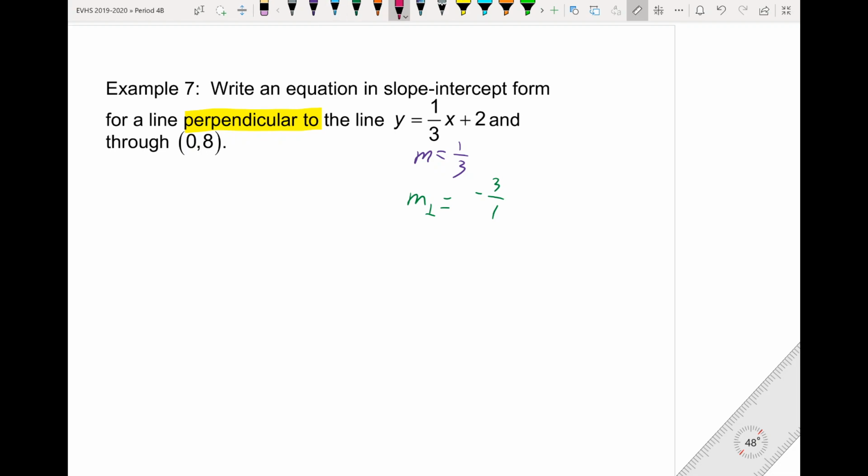Now, let's notice here, with an x-coordinate of 0, that is my y-intercept. So b equals 8. Now you could do the point slope formula if you wanted to, but it's going to get you the same point. I mean, you might as well just do y equals mx plus b: y equals -3x plus 8. Done.